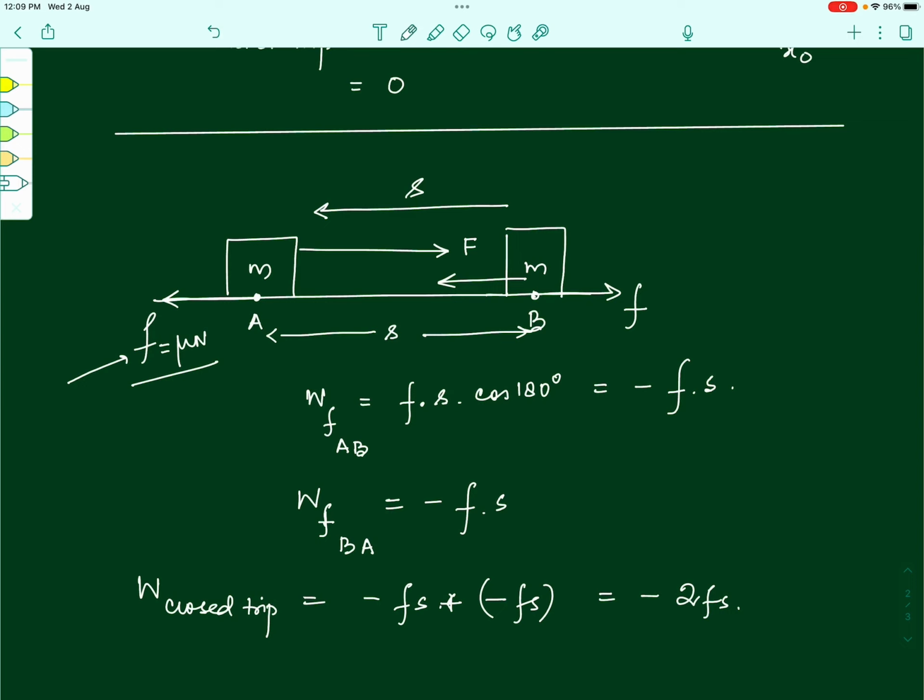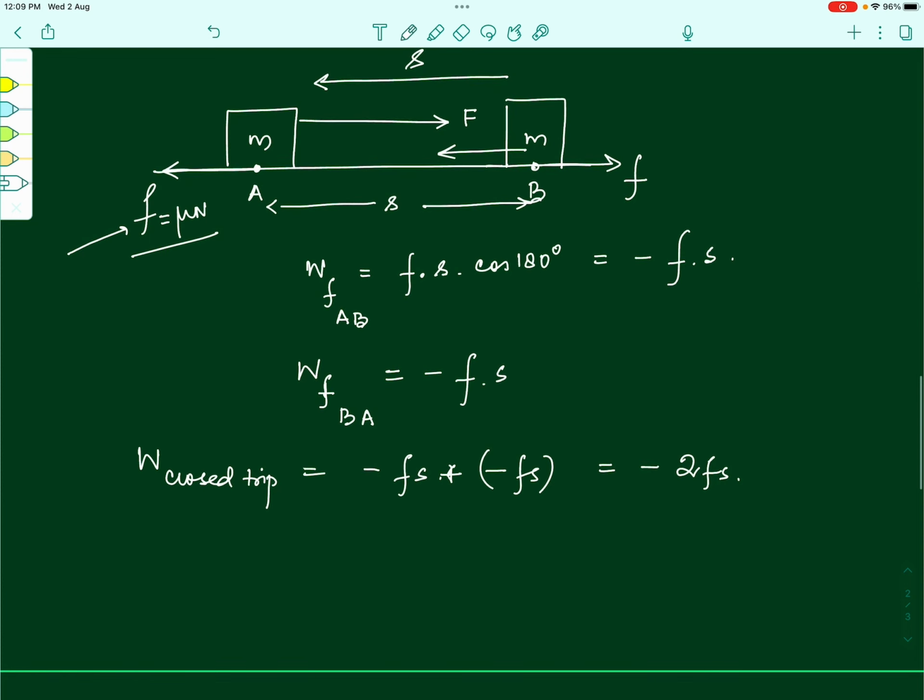Once we have understood the basic definition and the physical significance, we now move back to potential energy.